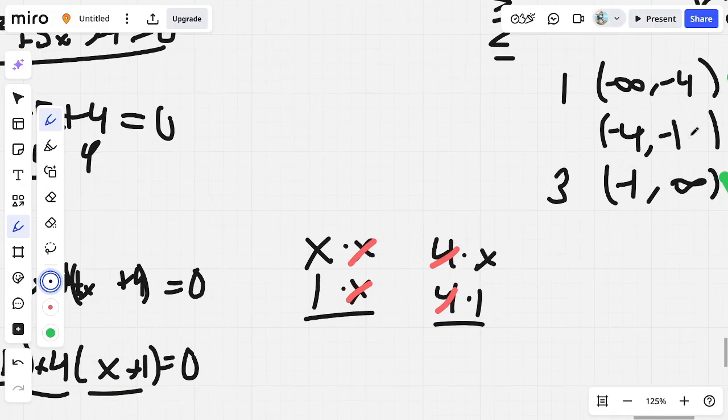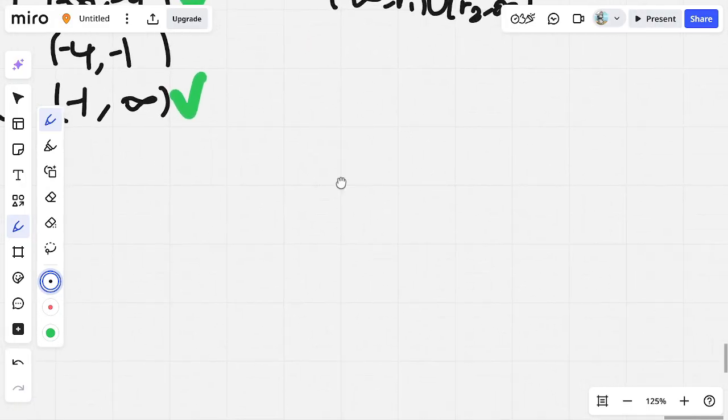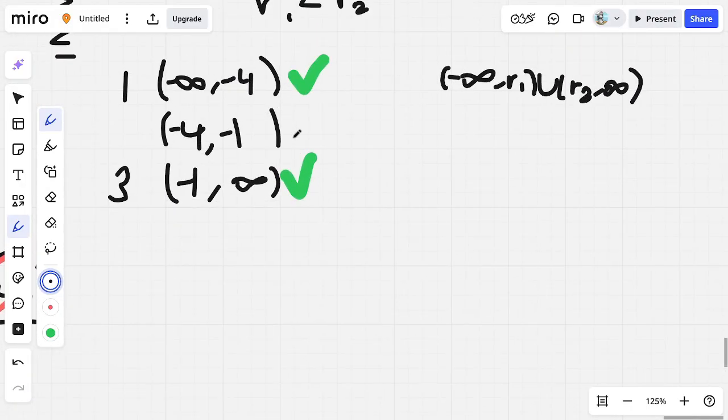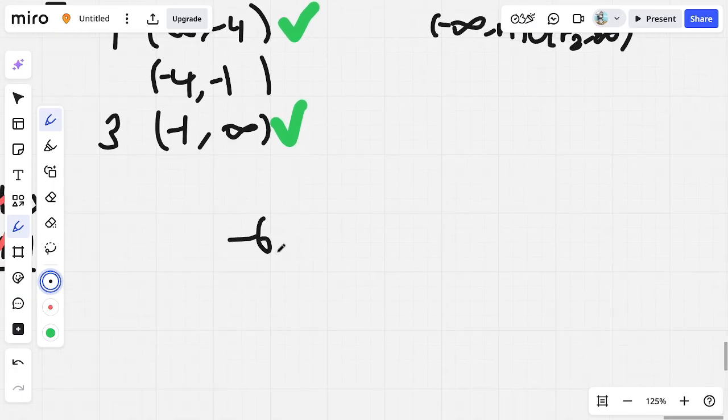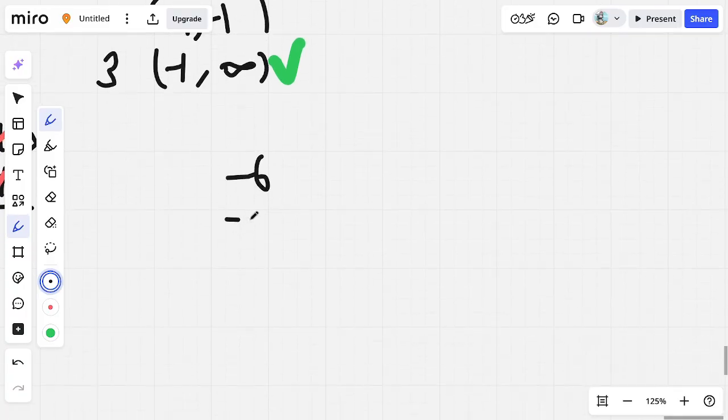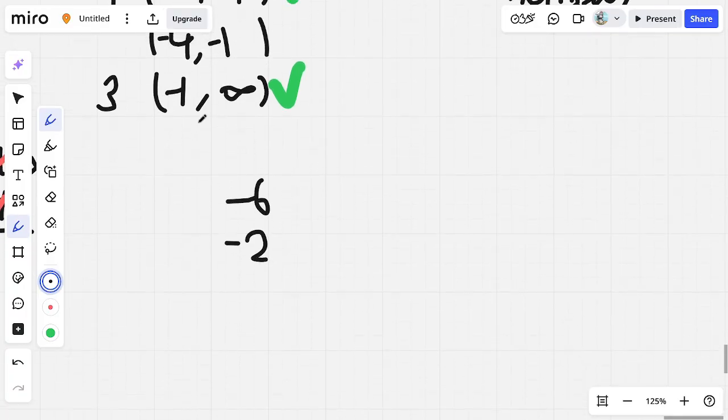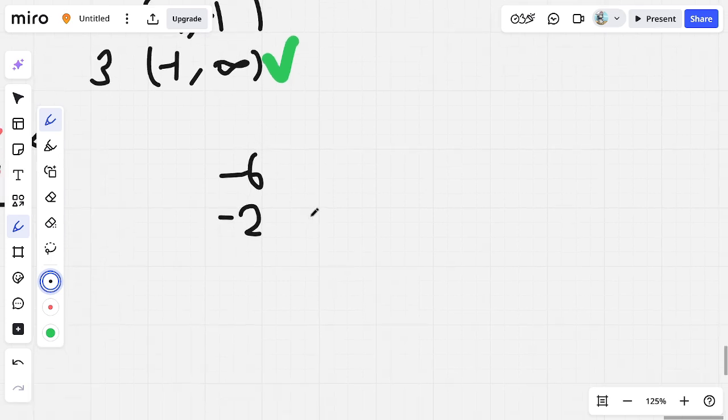I will show with test numbers to prove. So let's take some test numbers. For negative infinity to negative 4, let's get negative 6. For negative 4 to negative 1, let's get negative 2. And for negative 1 to infinity, let's say 7.